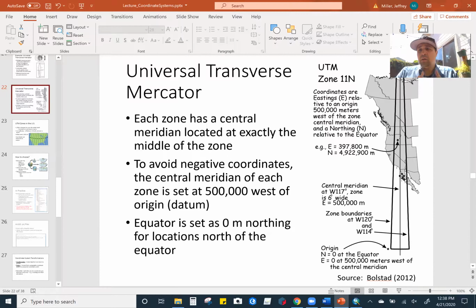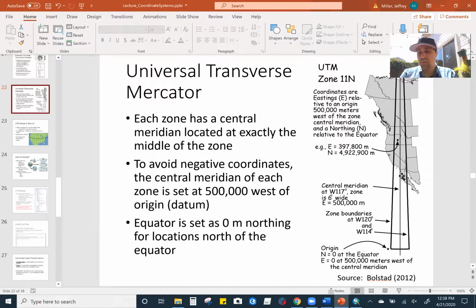So with UTM, the coordinate values are actually defined and measured in meters. And that's how it becomes the most world-translatable type of projection. So we have meters.